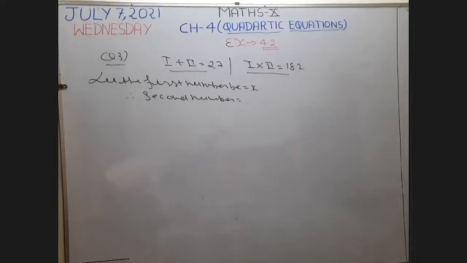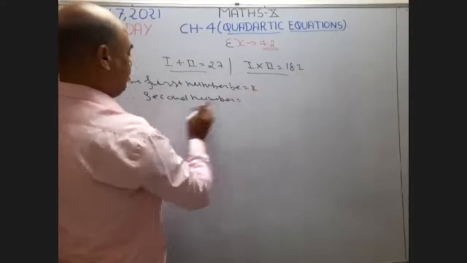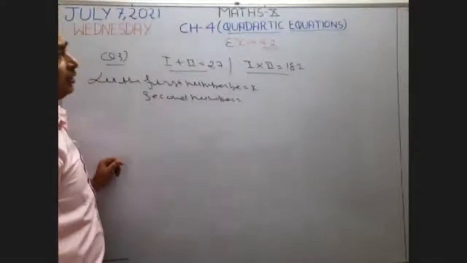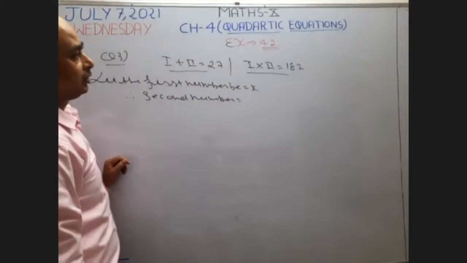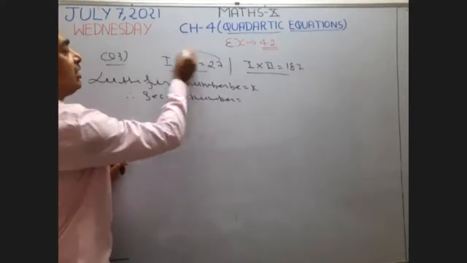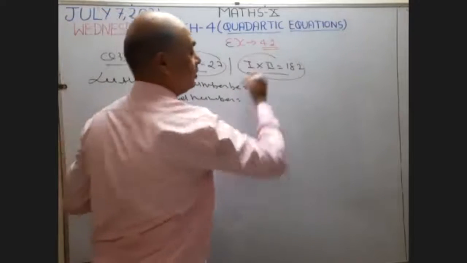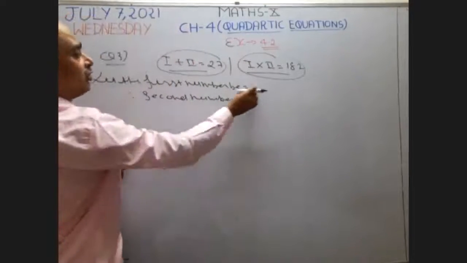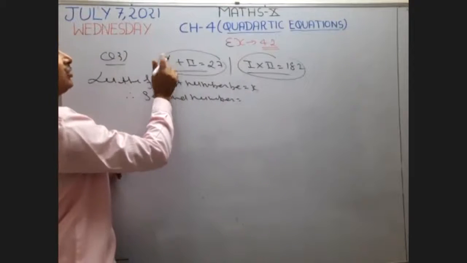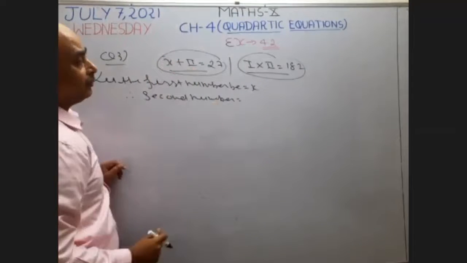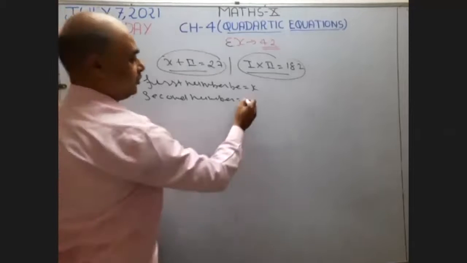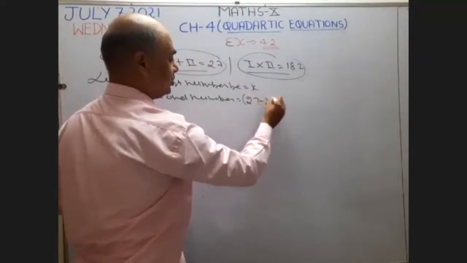Yes, sir. Good morning, sir. Good morning, beta. Tell me, if I suppose first number x, then what is the second number? Sir, 182 minus x. Beta, see, sum is here. This is the product. Okay, 27 minus x. When you take first number x, then second number becomes 27 minus x. This is the right answer.